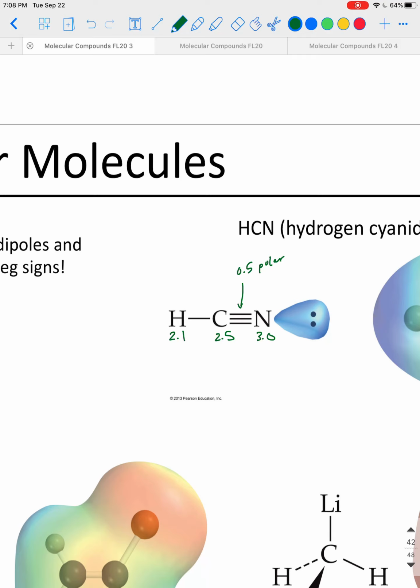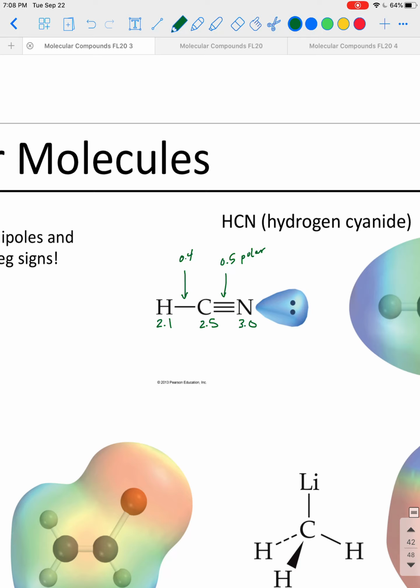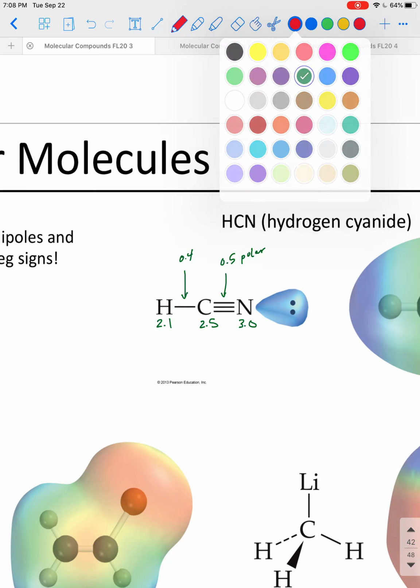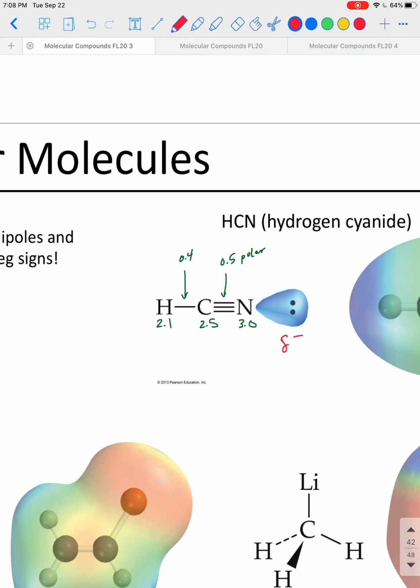The difference between 2.1 and 2.5 is 0.4. So the carbon-hydrogen bond is not polar, never polar. We have a lone pair here, so this is definitely going to be the partial negative side. We have the more electronegative element nitrogen, and we have a lone pair.